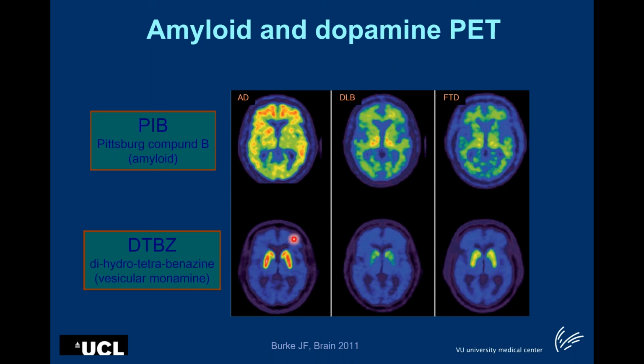Whereas with amyloid scan, which we will discuss in a minute, you see amyloid uptake in AD, but typically not in DLB, and certainly not in FTD. So to make the point that a combination of these molecular traces can be of use, but especially for DLB, the preferred test is a dopamine scan.